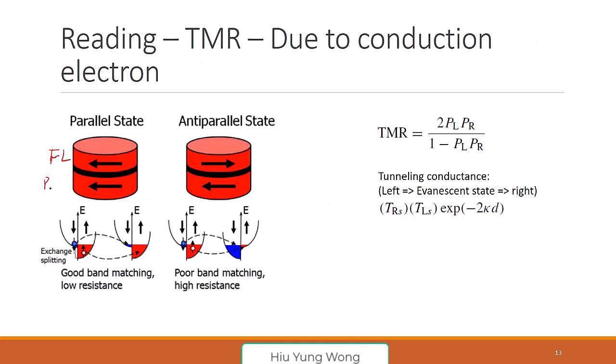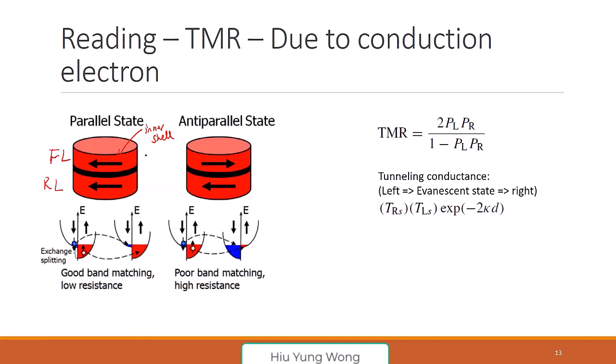This is the reference layer. Because they have the same magnetization. Remember, what is this? This is the inner shell, right? They all point to the left due to the inner shell, right? So the inner shell, they form the polarization.